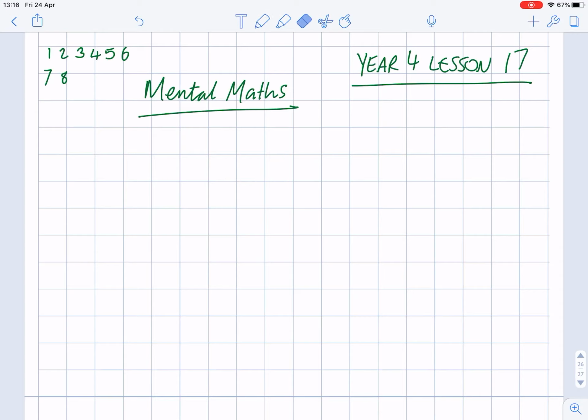Question 9 is write down the fraction 3/5.